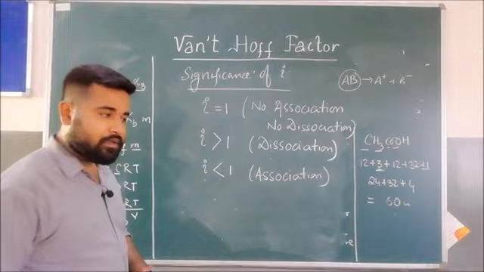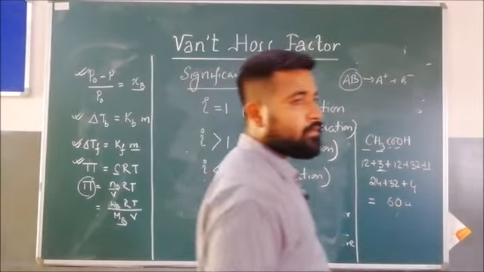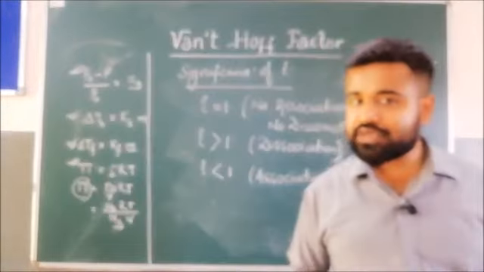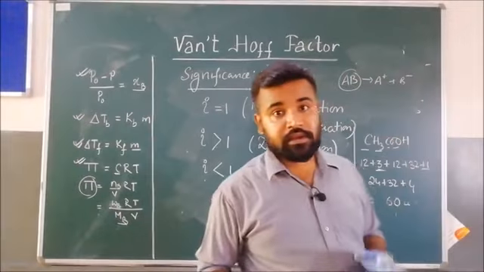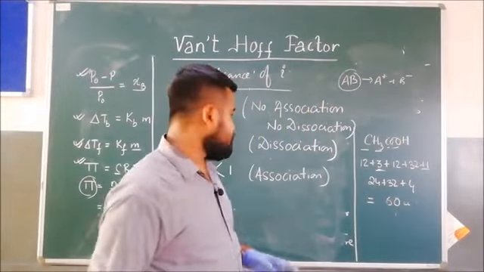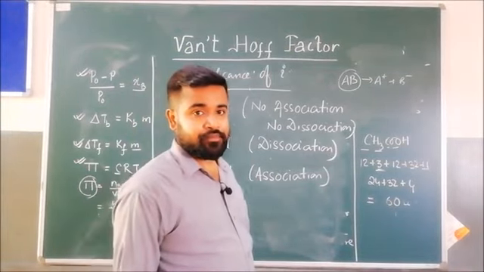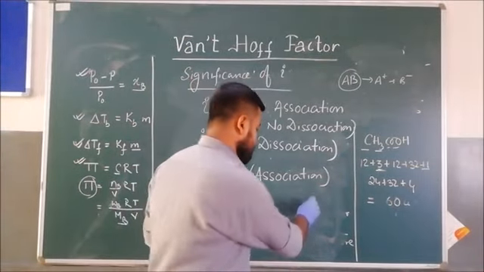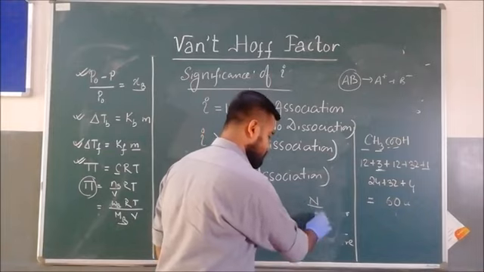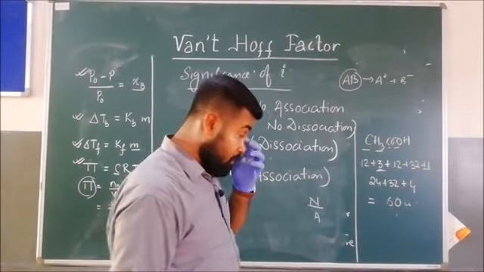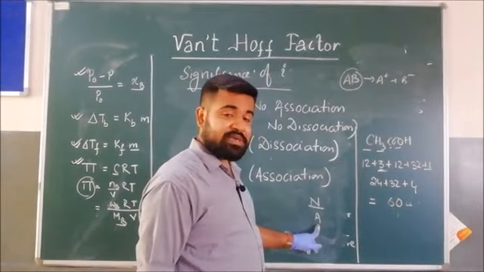Remember one thing: whenever there is dissociation, the i value, the Van't Hoff factor, will be greater than 1. Why? Because normal by abnormal, the abnormal molar mass is decreasing.